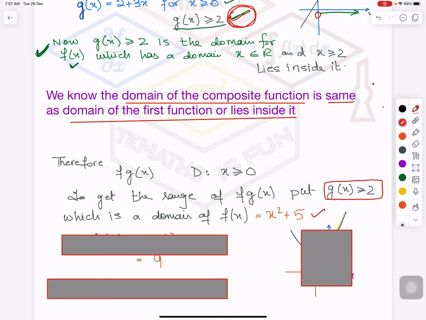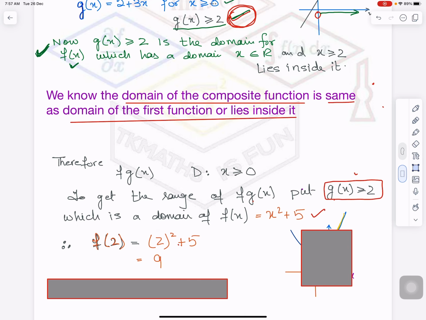Now when it is a quadratic function, you need to be very careful, because sometimes you get the answer correct just by substituting the value of x in it, and sometimes not. And we will see the reason here why. First of all, I substituted the value x equals 2 in function f, and my answer is coming 9.